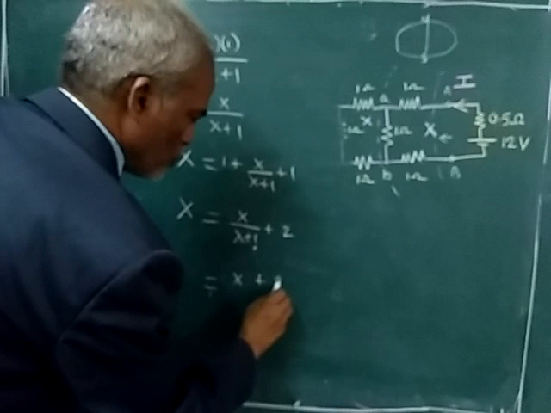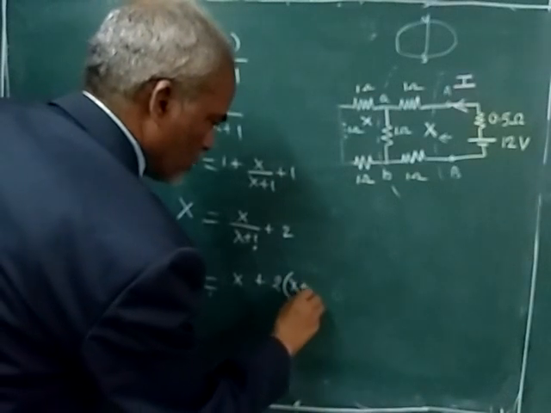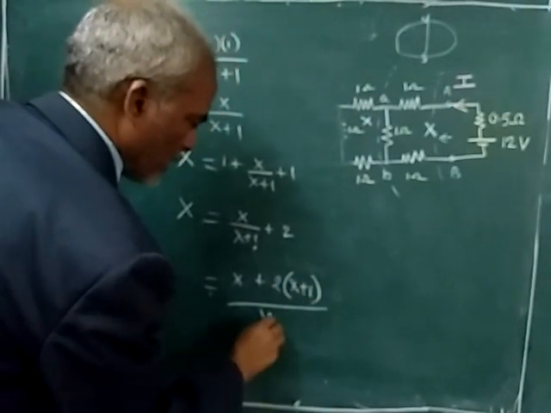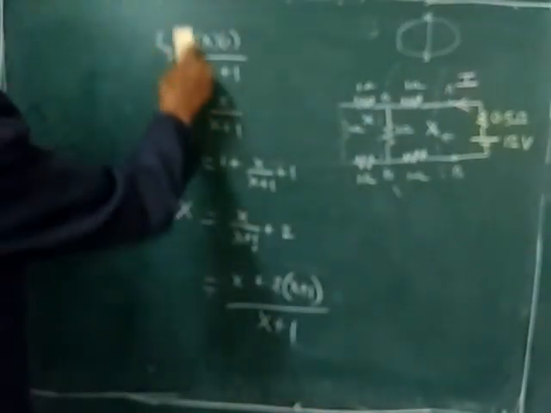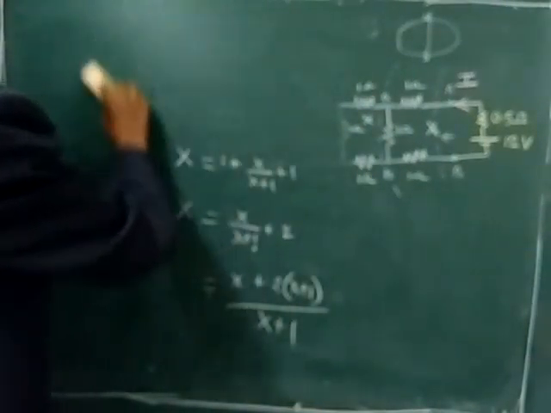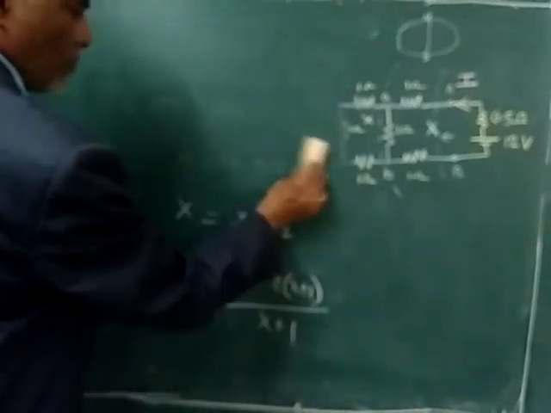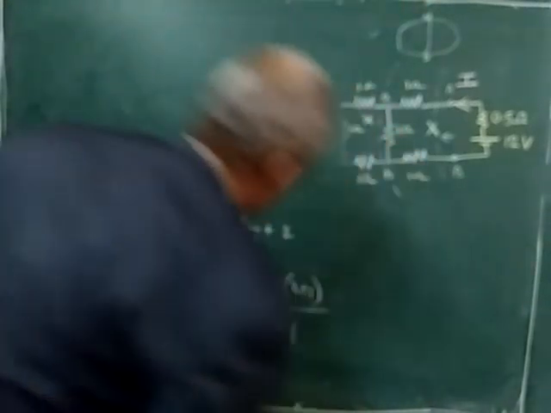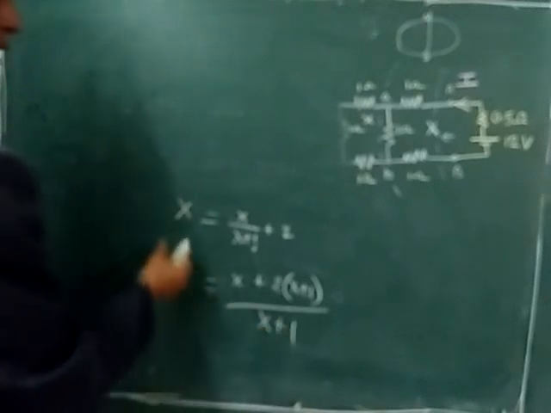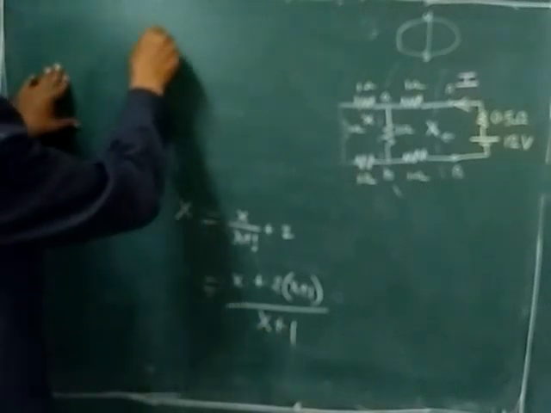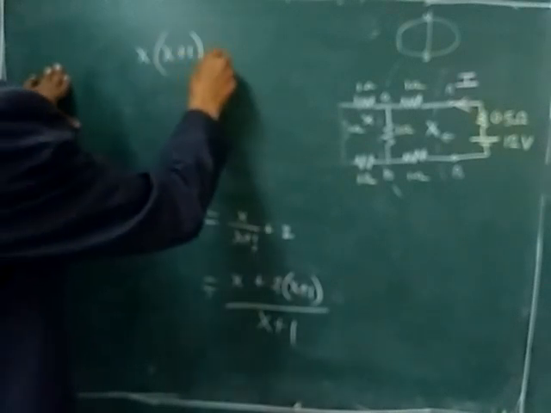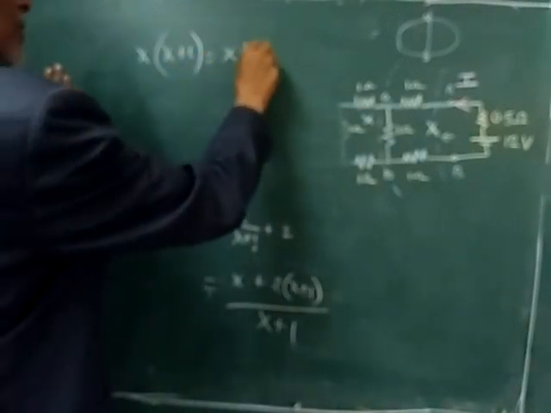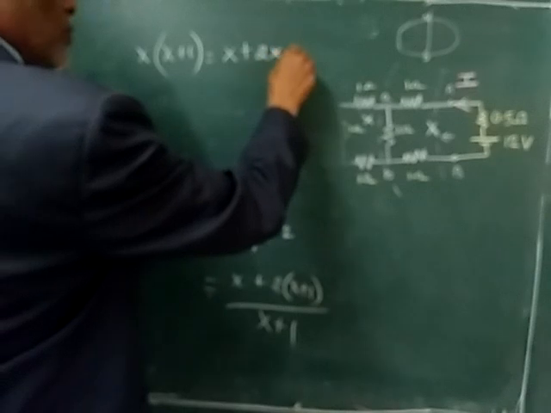X plus 2 into X plus 1 divided by X plus 1. You cross multiply, so you will get X into X plus 1 is equal to X plus 2X plus 2.